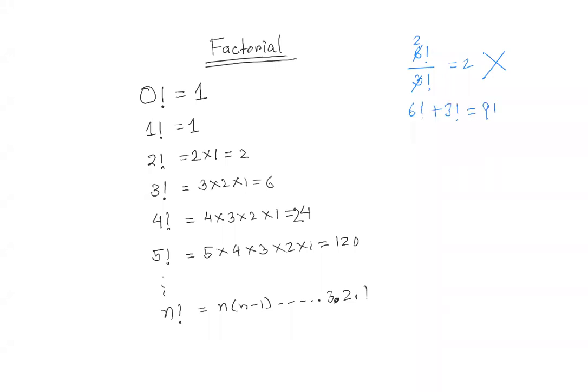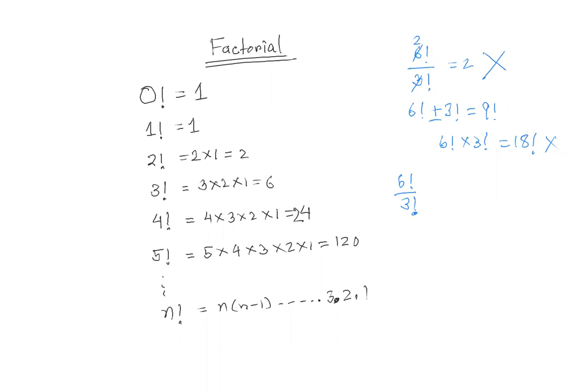You cannot do that, or minus, or regular times. You cannot say 6 factorial times 3 factorial is 18 factorial. Incorrect. So how do you simplify factorials? Your traditional operations don't apply here.